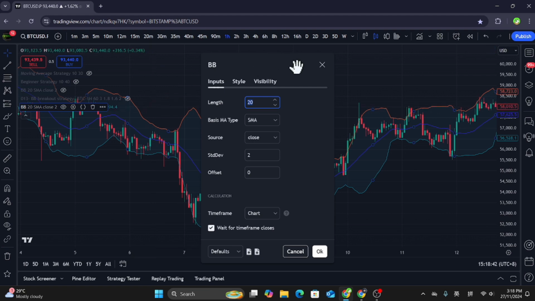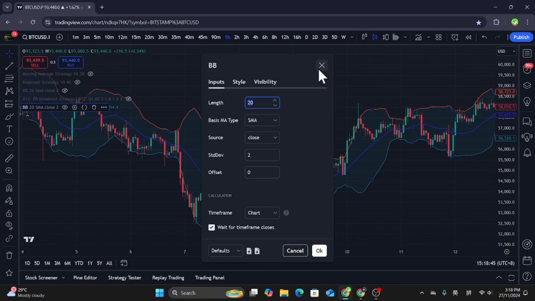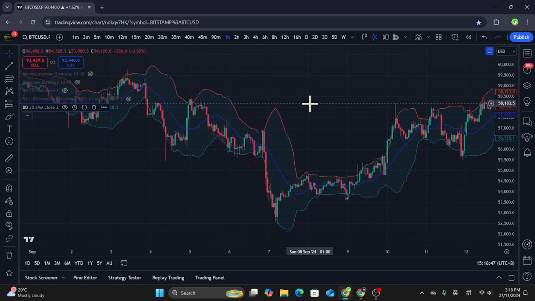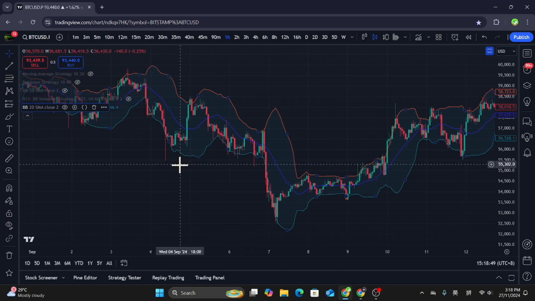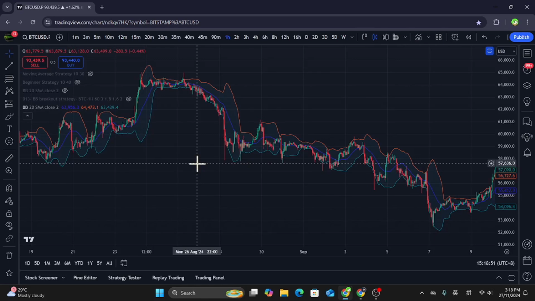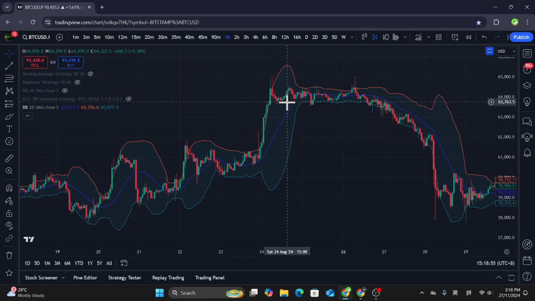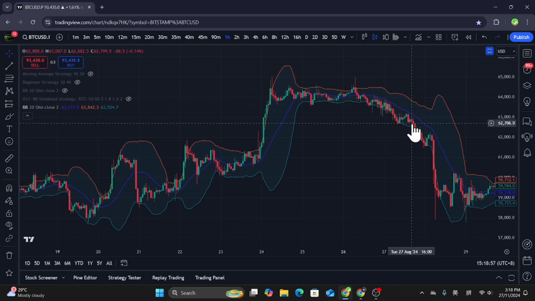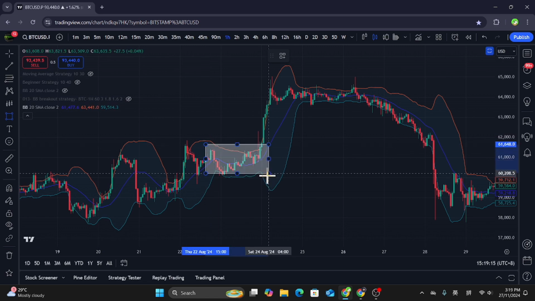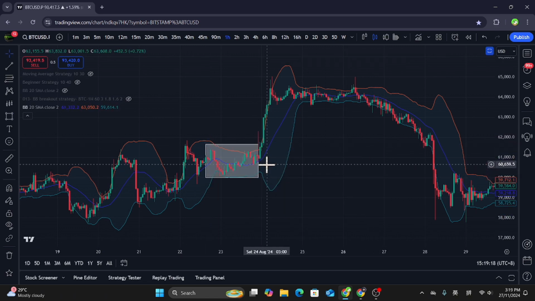So how is Bollinger Band actually used to trade or to detect? Bollinger Band is normally widely used in 2 ways. The first way is to detect trends. For example, you'll see that the Bollinger Band starts to squeeze and then starts to break out. Here is a squeeze, and after the squeeze you can see a large breakout towards the upside.